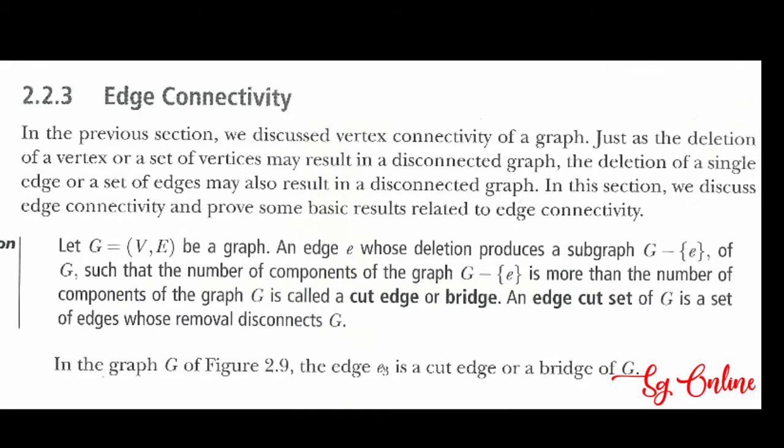Now we go for another concept, the parallel concept, called edge connectivity. It is likewise the case of vertex connectivity. We define that an edge is a cut edge if the deletion of this edge increases the number of components of G. Then we call this edge a cut edge or a bridge.